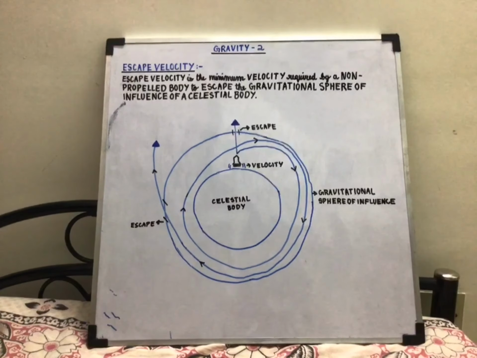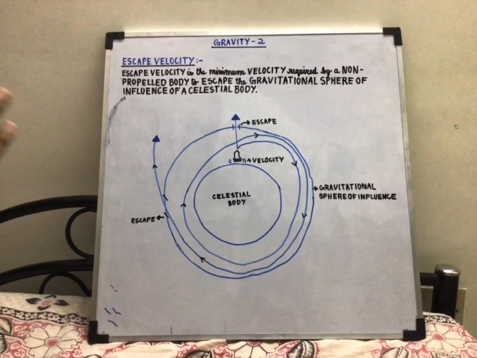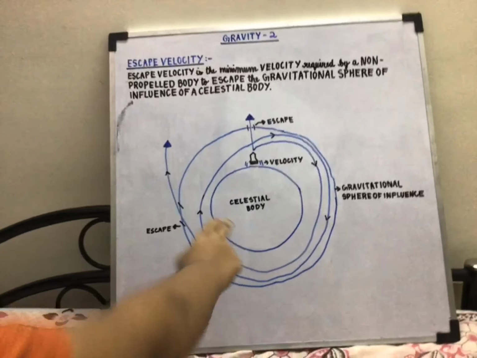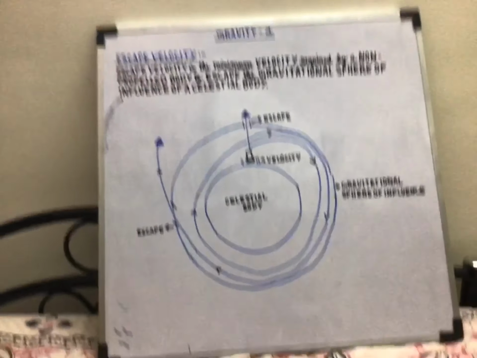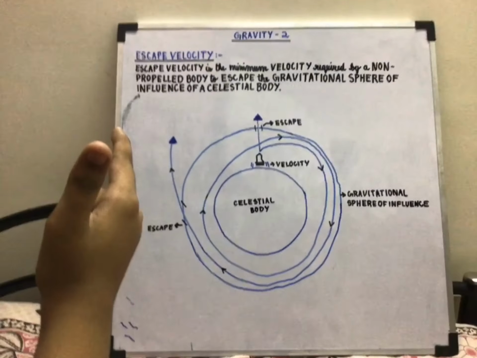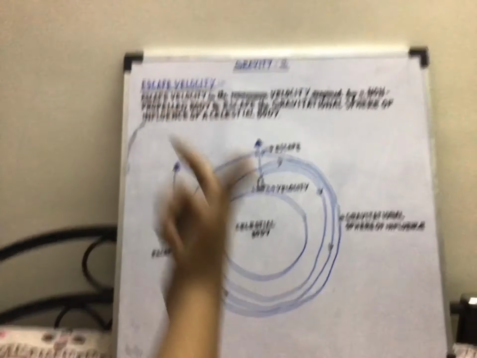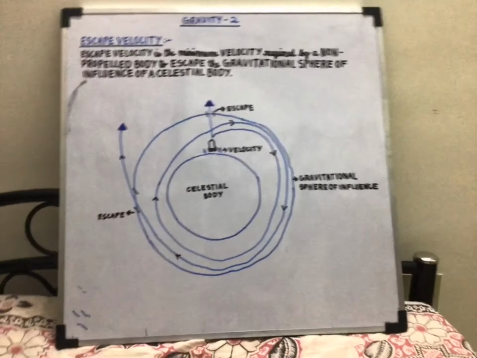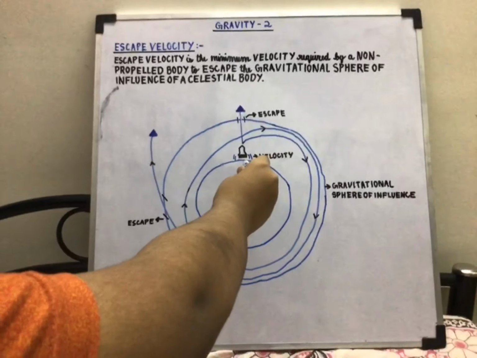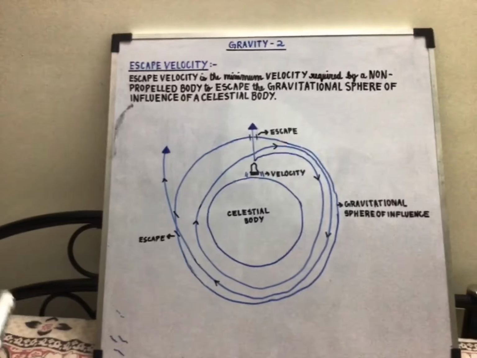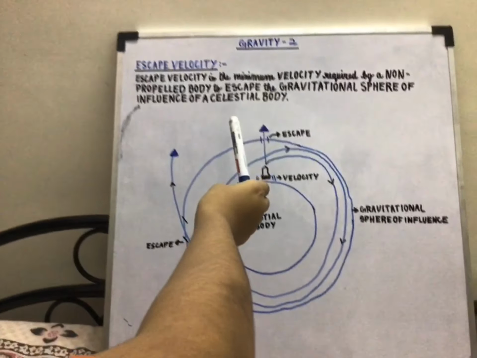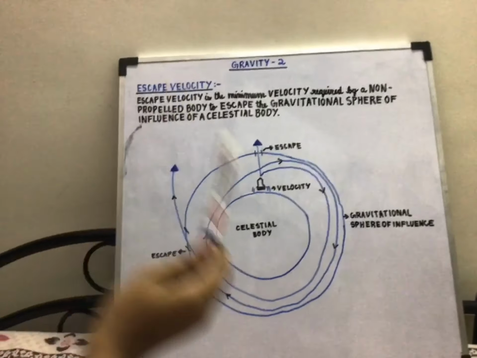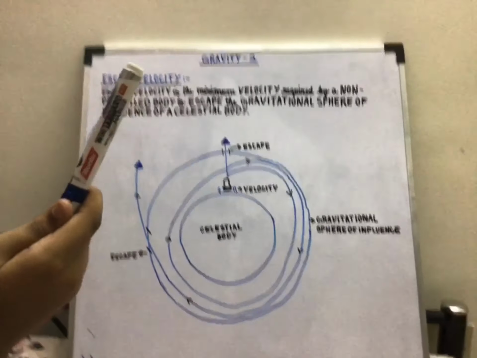Here there is a rocket standing at rest on this particular celestial body. To escape the gravitational sphere of influence of that celestial body, it needs to gain a particular velocity and then move forward, or on a circular path, to get out of its gravitational sphere of influence.